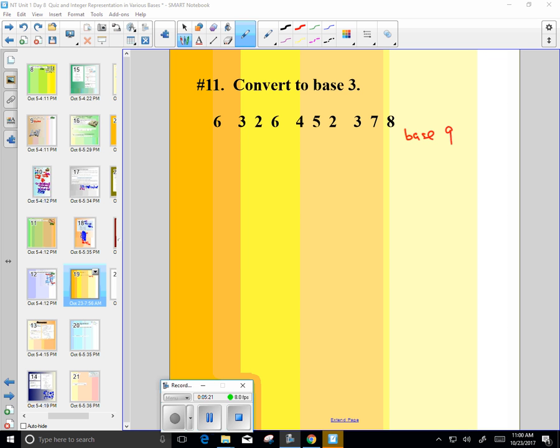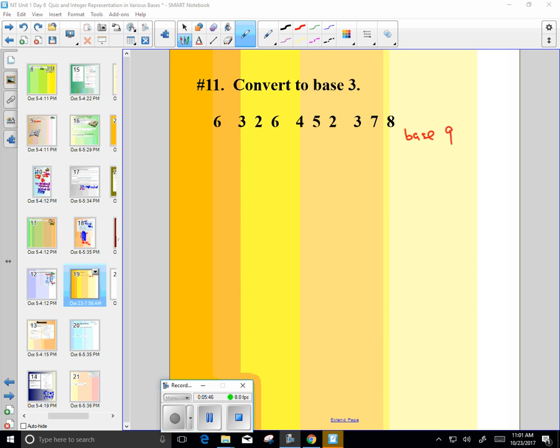So it's a 2 for 1. But wouldn't this be huge when you start? This is 9 to the 0, 9 to the first times 7, 9 to the second times 3, 9 to the third times 2. Are you catching my drift here? It's going to get pretty horrible, and you do not want to do that, right?